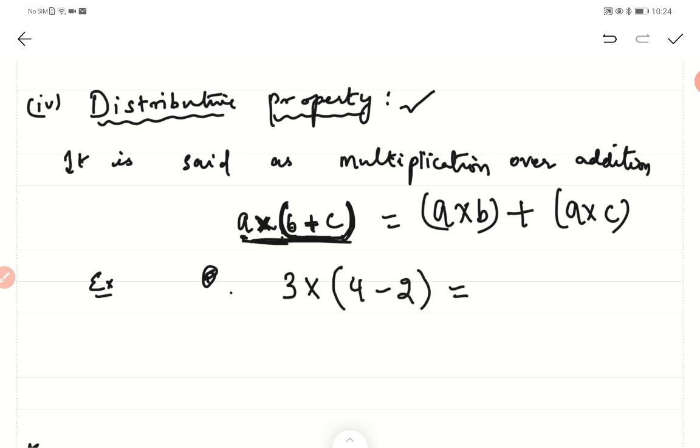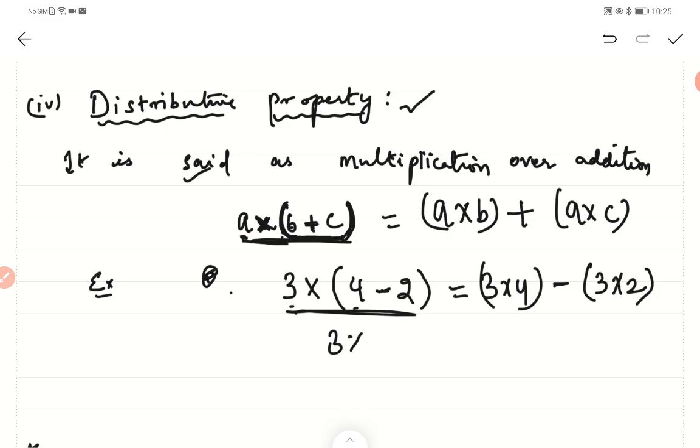By using the distributive property, how can I go? 3 cross 4 minus 3 cross 2. Let's check whether it is true or not. So 4 minus 2 is how much? 2. So here you have 6 on the left hand side.